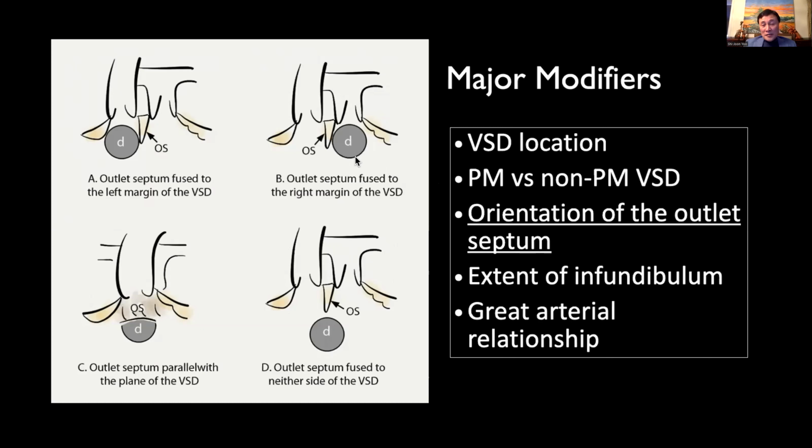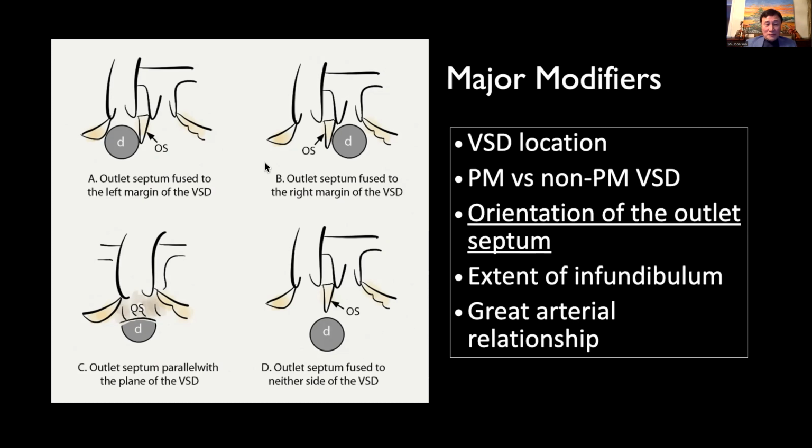Okay. In this cartoon, the outlet septum goes to the right margin of the VSD, making this VSD exclusively committed to the left-sided arterial trunk, which is the pulmonary artery here. So looking at whether the outlet septum goes to the right margin or left margin defines the commitment of the VSD, in imaging as well as in the surgical view.